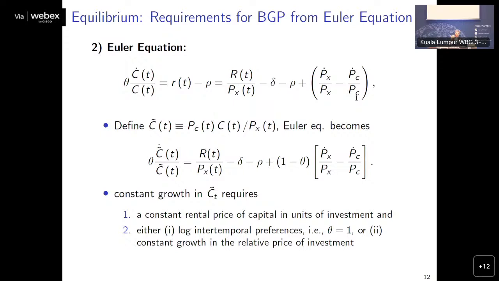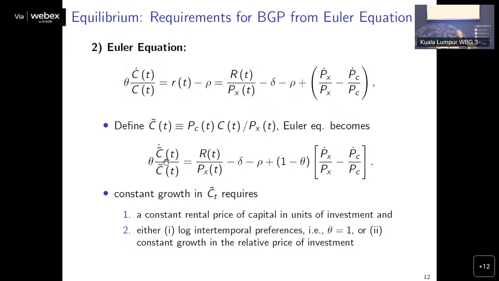So the rate of change of the relative price is like a capital gain on that investment, and so it shows up in the Euler equation. So what people typically do is define consumption expenditures normalized by the price of the investment good, because that's what you need to be constant. So you do this change of variables, and this is what you get.